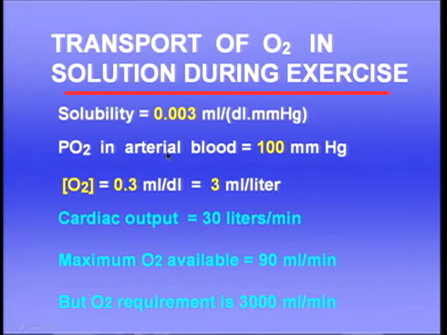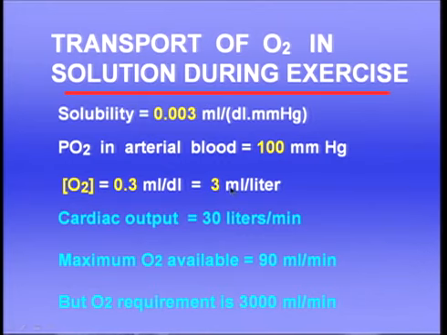PO2 in arterial blood, which we haven't really discussed yet, we will extensively eventually, but take it from me that it's about 100 millimeters of mercury. And therefore the oxygen dissolved in arterial blood is going to be 100 times 0.003, or 0.3 mL per deciliter, which is equal to 3 mL per liter.